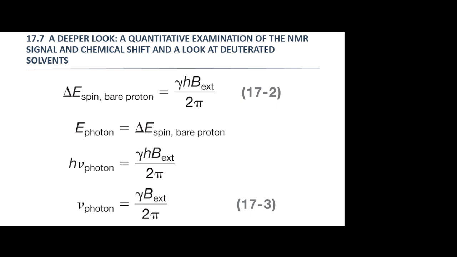Much larger than your effect from shooting in radio waves. Thermal, right? So thermal is going to be an extremely large effect on these. The nuclei in your lower energy alpha spin state are going to be a small excess, but you're going to have a very small difference that you can measure.